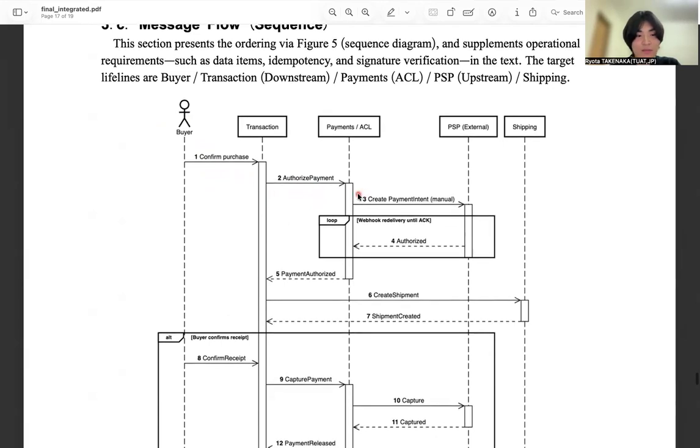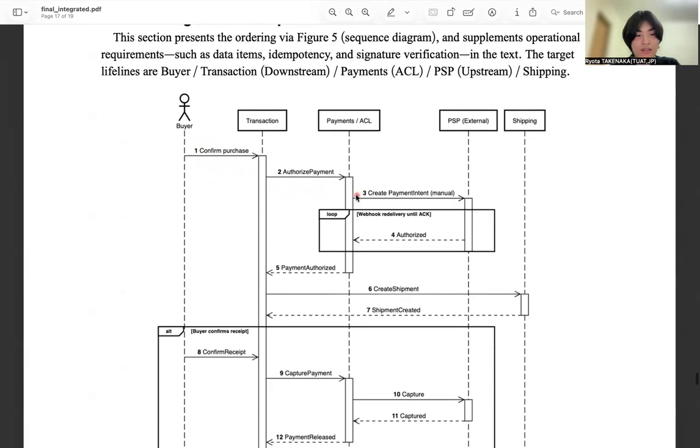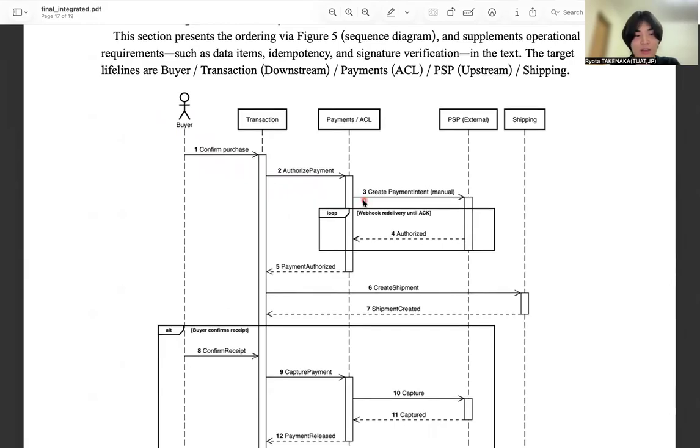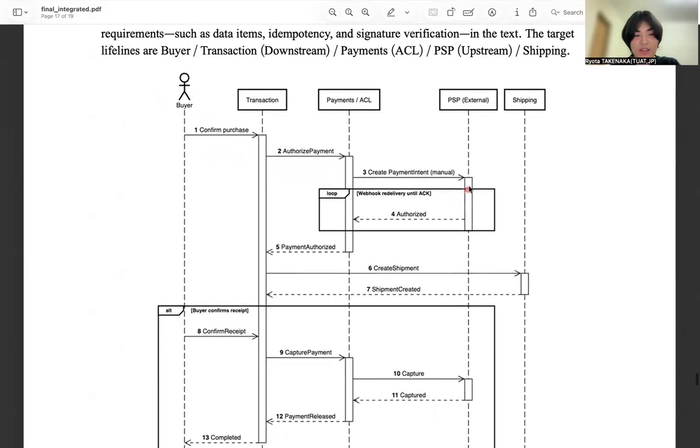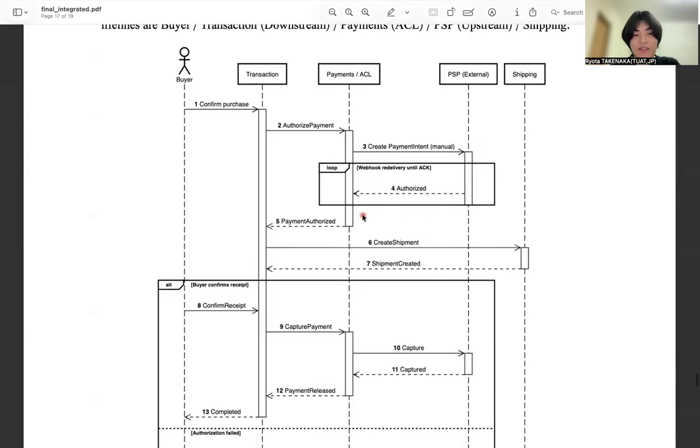And the payments context calls the external PSP to create the payment intent. And the PSP sends back an authorized webhook, and the ACL translates this into a domain event, payment authorized, and sends it to the transaction context.